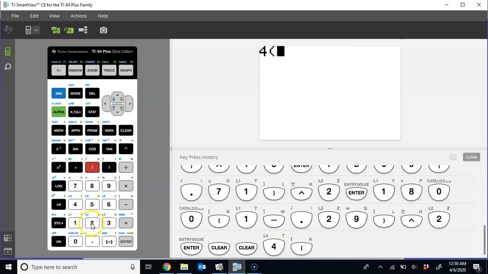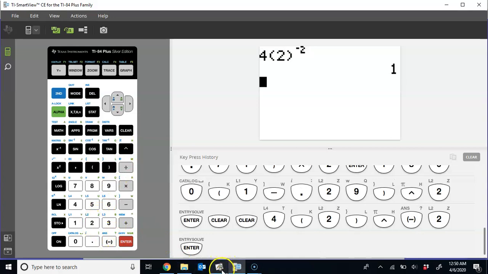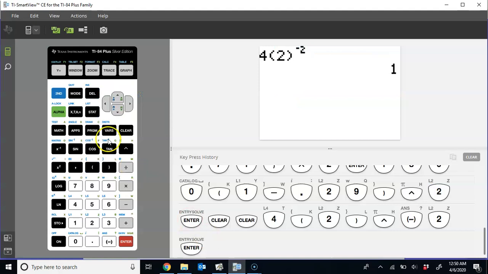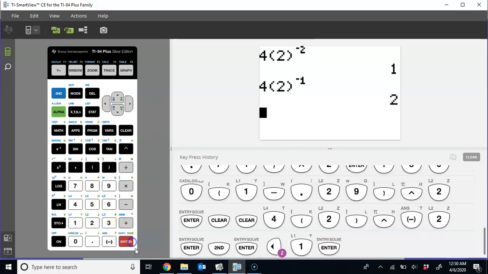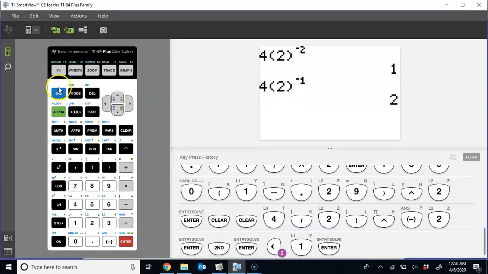So if I multiply 4 times 2 raised to the -2nd power, press enter, it's going to tell me the answer is 1. If I do the same thing, I hit second, enter, but then I type in -1 for my exponent, I get 2. And then I type in 0 for my exponent.